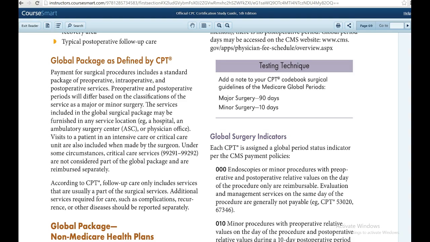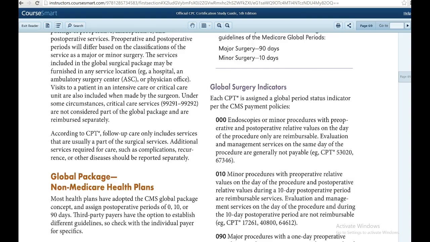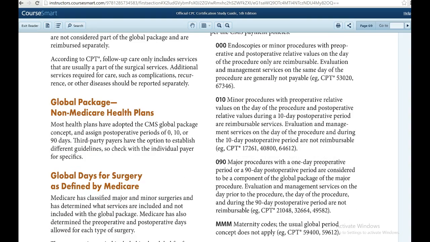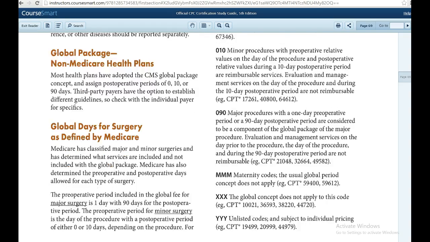Now, on the major surgeries, that is a 90-day global period. That means that any time within a 90-day period, anything pertaining to that surgery, that surgeon cannot bill anything on that patient pertaining to that surgery. Okay?